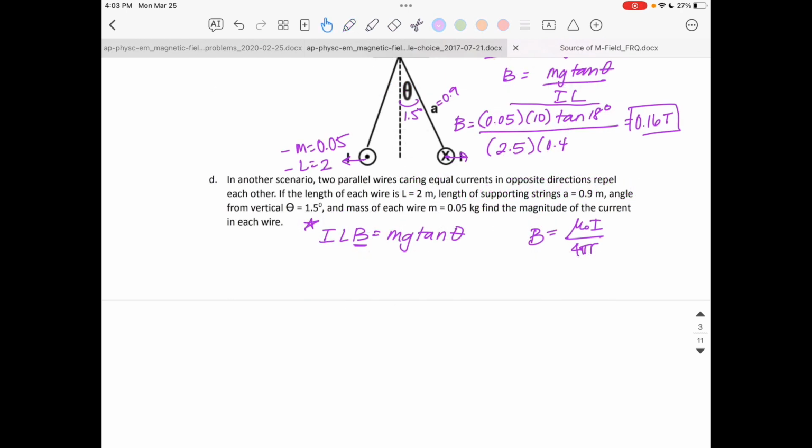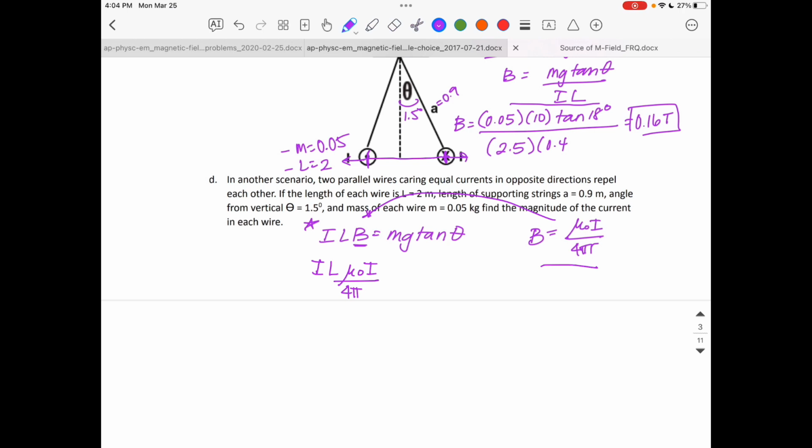So let's plug in our equation for the magnetic field of a current carrying wire into our magnetic force equation. So I've got IL mu naught I over 4 pi R. R is the distance between the charge and the location where it's creating the magnetic field, which is all the way to the opposite charge.